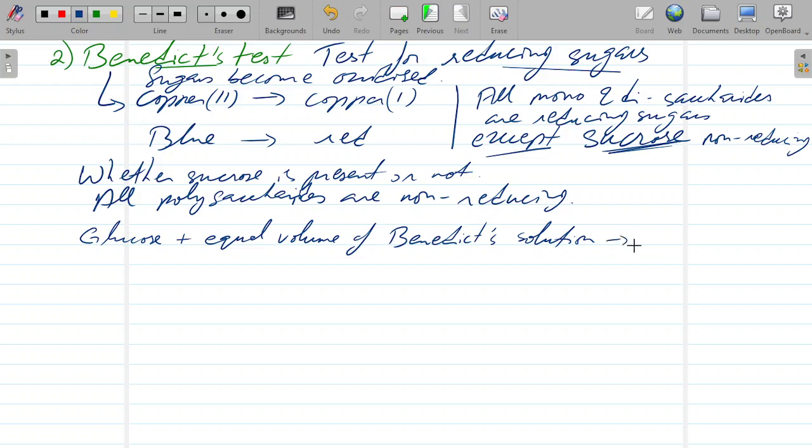And we heat it up, we warm it, right? So you want this thing to be warm. This is the only test which requires heating or warming, okay?